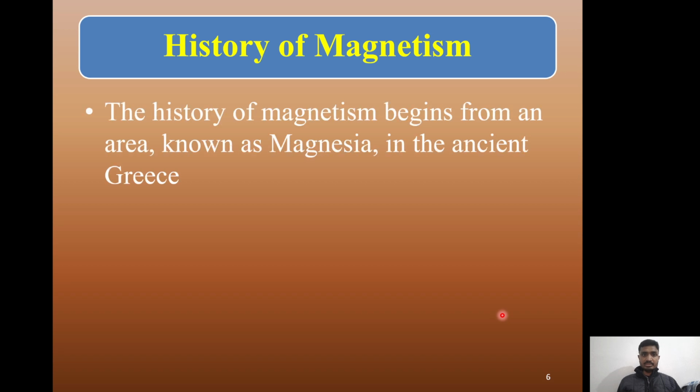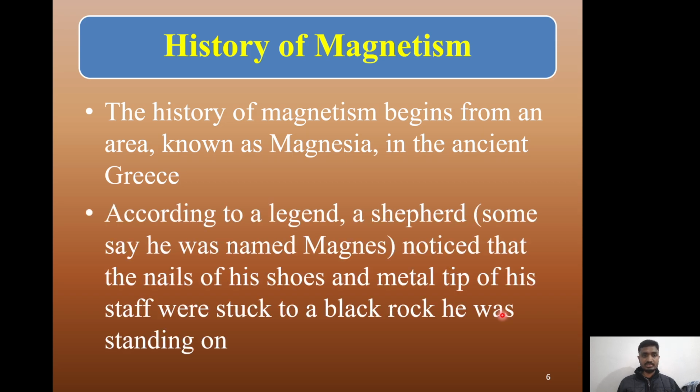Now, let us see the history of this magnetism. The history of magnetism begins from the ancient times in a place known as Magnesia, which is in ancient Greece. According to the legend, a shepherd noticed that the nails of his shoes and the metal tip of his staff were stuck to the black rock. Okay, so the shepherd is the name given to the people who climb the mountains or those who walk on the rocks.